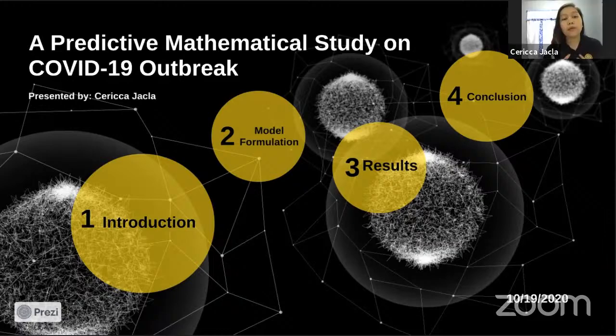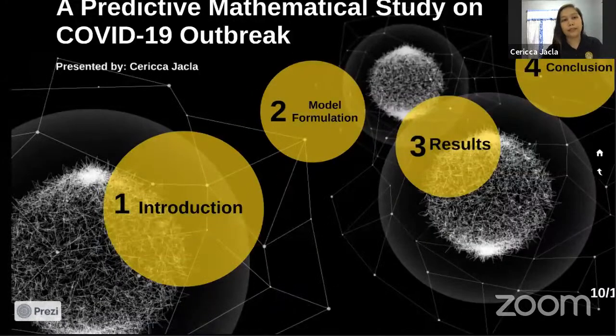Then I'm going to give you a brief background of the study and some concepts that will be used in the whole presentation. Then we'll proceed to model formulation. This part will be a little technical. And then after simulating the developed model, we'll proceed to the discussion of the results and the conclusion of our research.